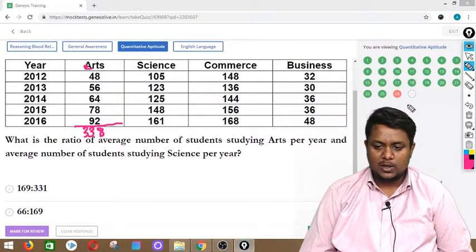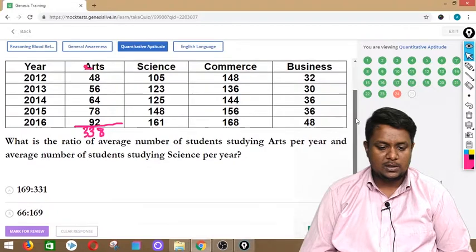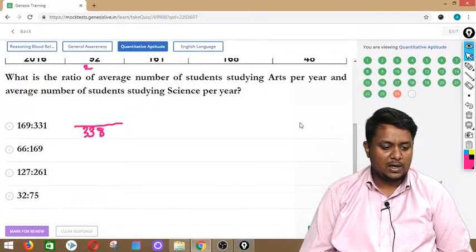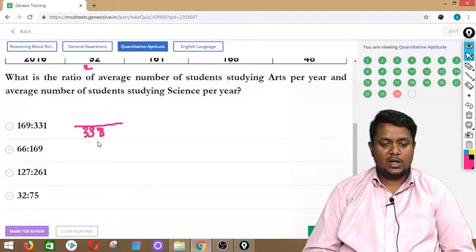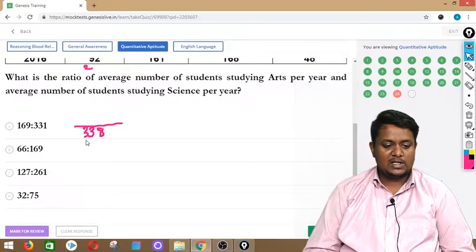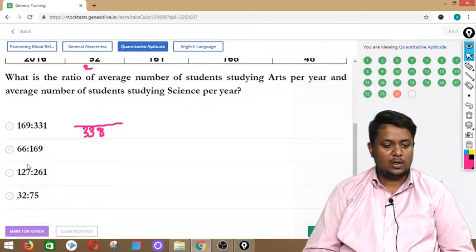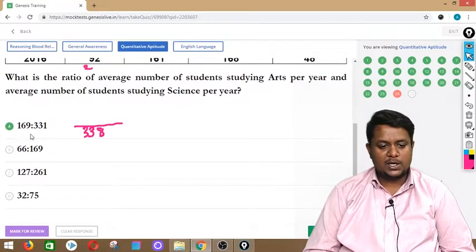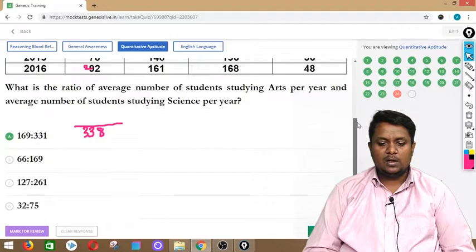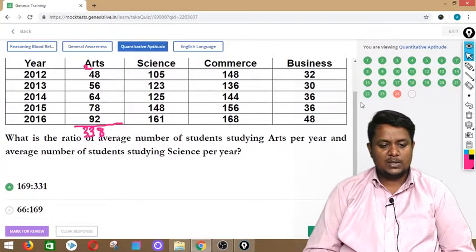So the moment I saw that number, I knew that should be our answer. If you see any other number, it's not a factor of 338, because the ratio should be a factor of 338 when we reduce that. So 169 is a factor of 338, 66 is not, 127 is not, 32 is also not. So we can directly mark option A as the right answer. But just in case, let us see.